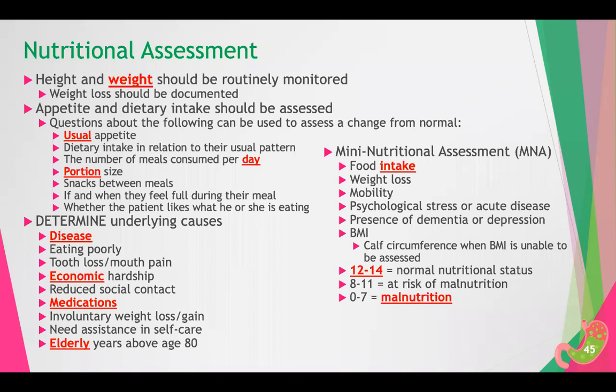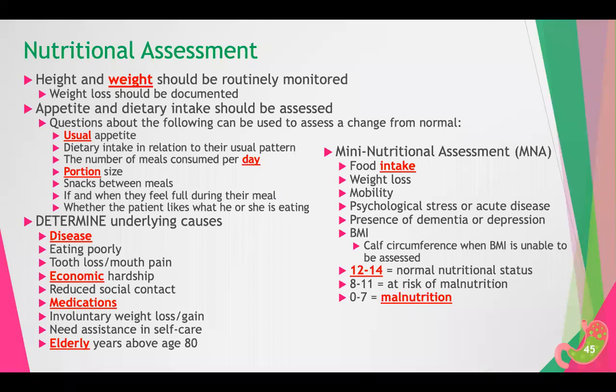If an individual is in a wheelchair or bedridden and they can't provide a BMI, then a calf circumference can be used. A 12 to 14 equals normal nutritional status, 8 to 11 indicates at risk for malnutrition, and 0 to 7 equals malnutrition.